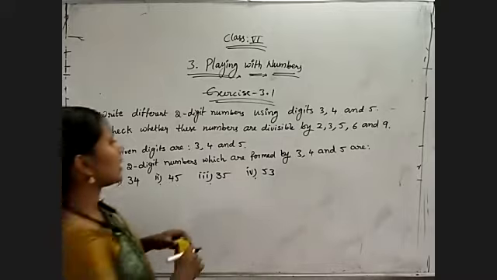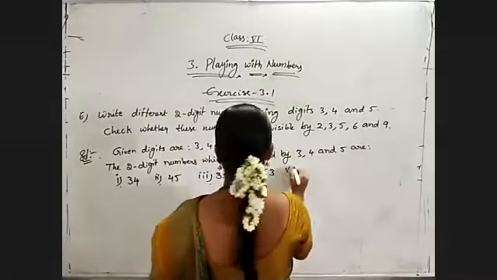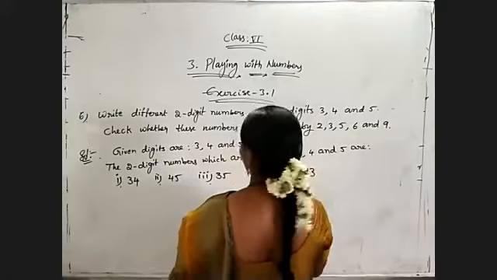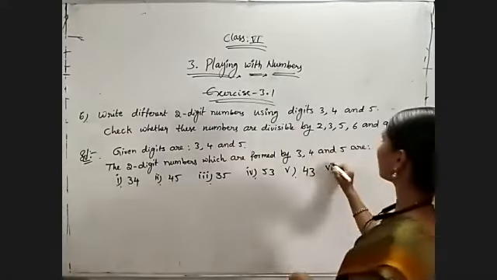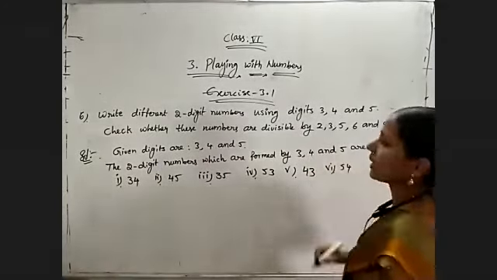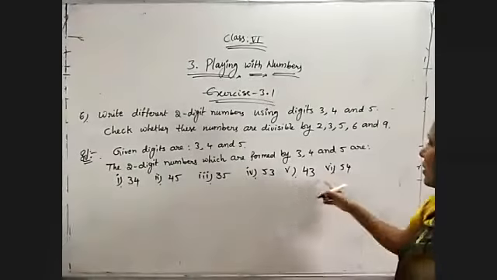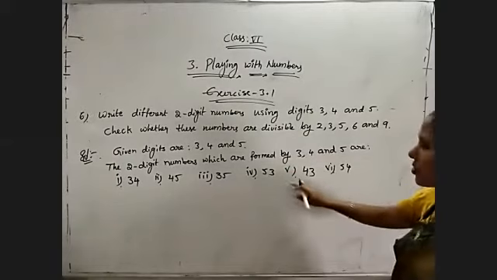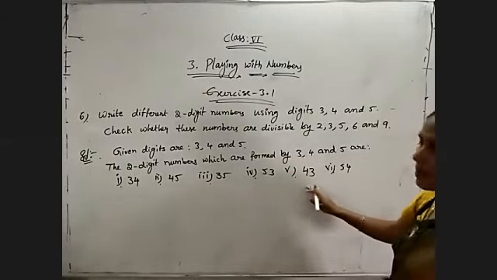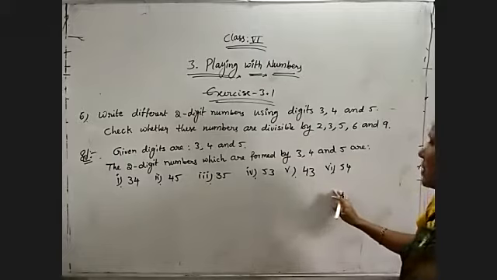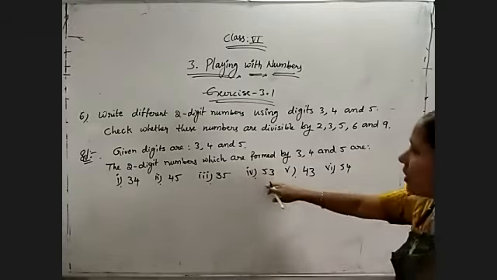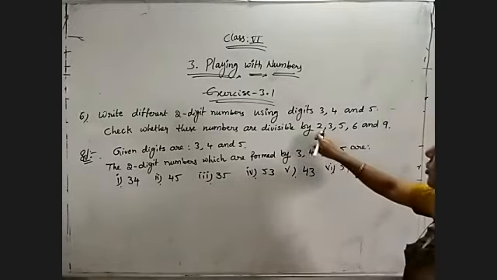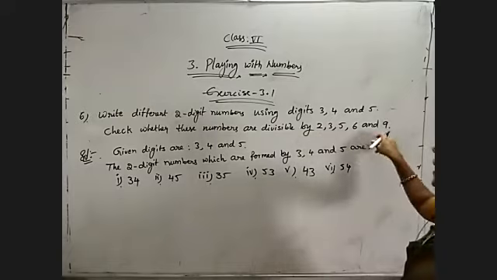Now 43 and 54. Okay, like this I have written different 2-digit numbers. They did not mention how many, so I am using 6 numbers. I found 6 numbers. Now observe which of these numbers are divisible by 2, 3, 5, 6 and 9.